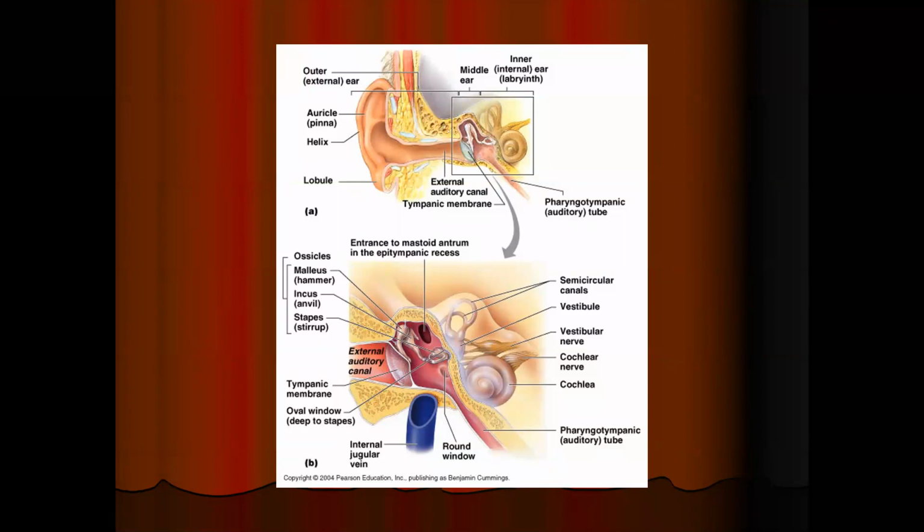Green will work. So sound is going to come in your ear, and then it's going to strike the tympanic membrane, or your eardrum. That's going to get your eardrum vibrating back and forth with the same frequency and same amplitude as the sound you were listening to.